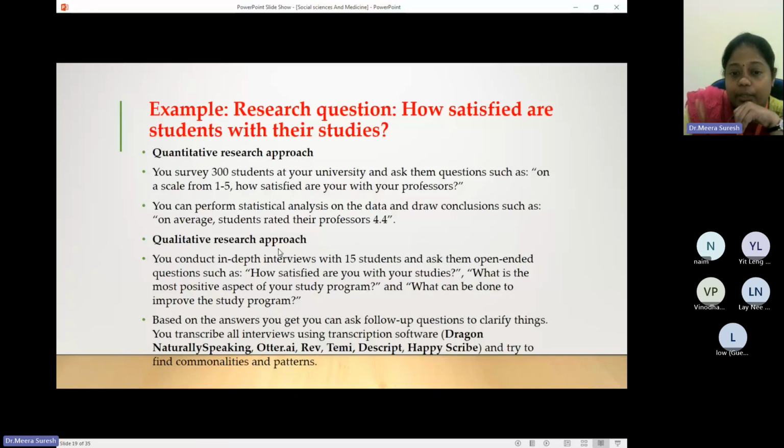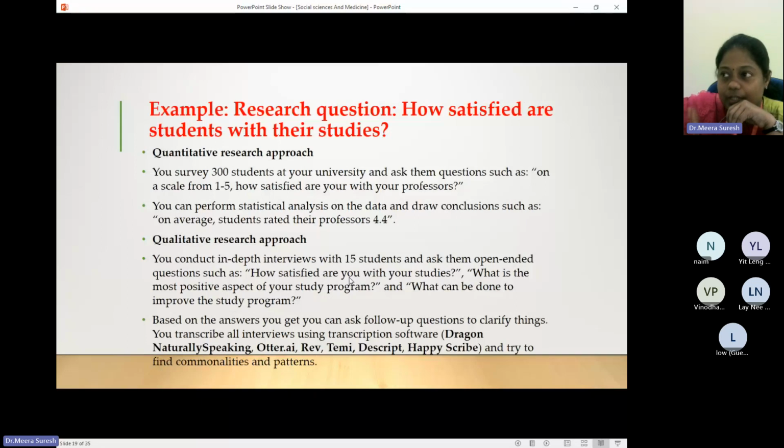So in a qualitative research approach, for the same research question, you take 15 students and ask them, how satisfied are you with your studies? You're not giving them a scale to number it. You're just asking them how satisfied they are, and you're not giving the answer options, yes, no, or a scale, nothing like that.